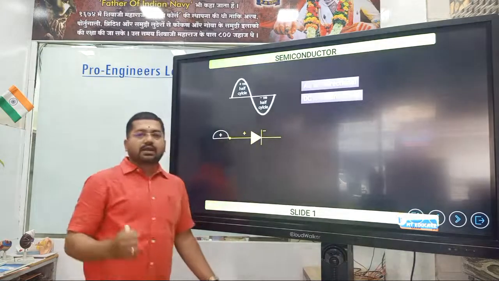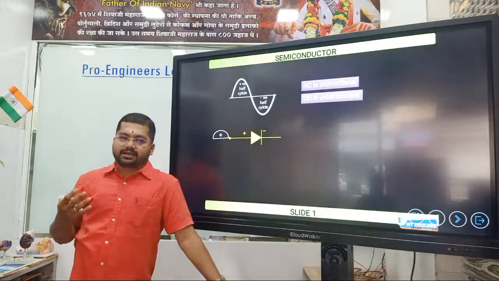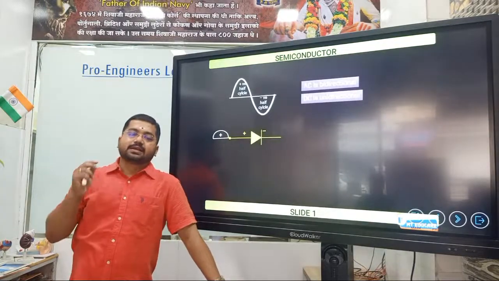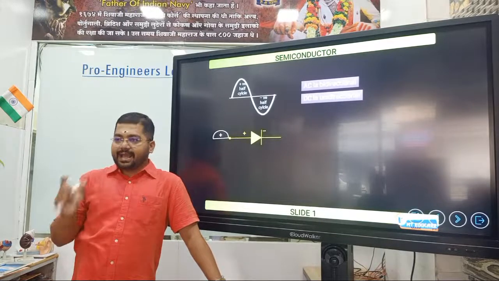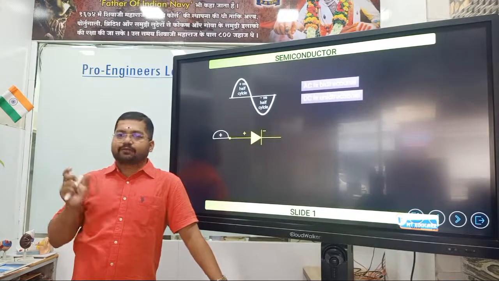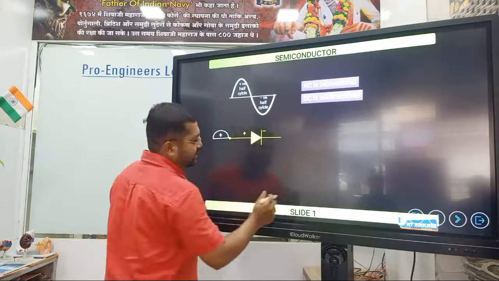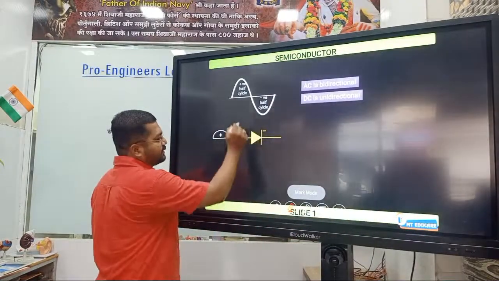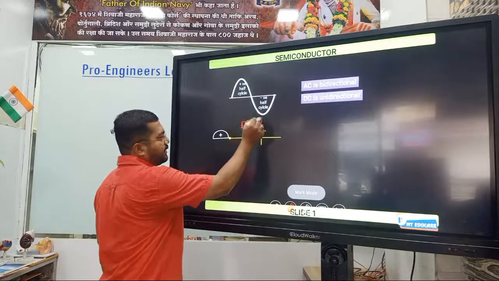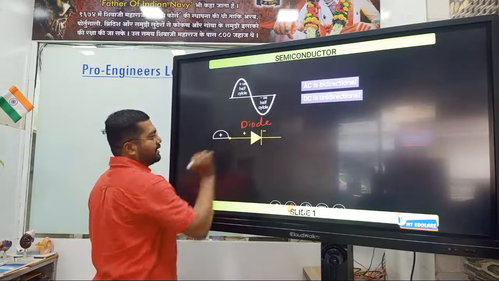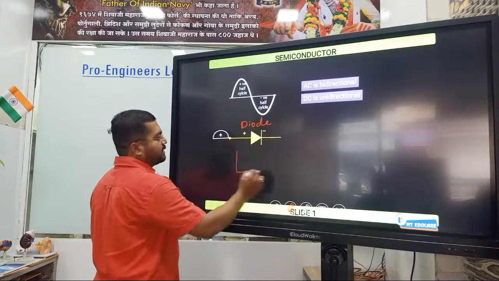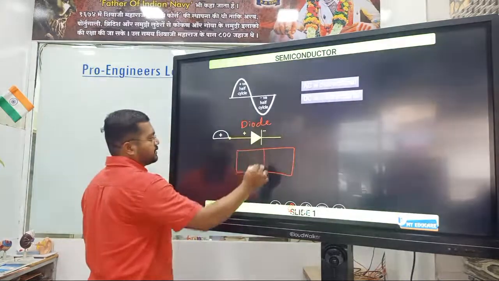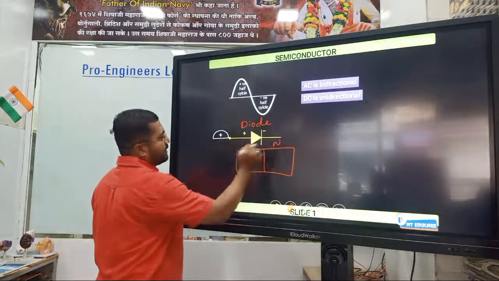Now, our concern in the semiconductor is that whenever a P and N junction comes together, that forms a diode. Pay attention here. I have drawn one symbol, and that symbol is nothing but a diode. It has positive and negative terminals. It contains P-type and N-type material.